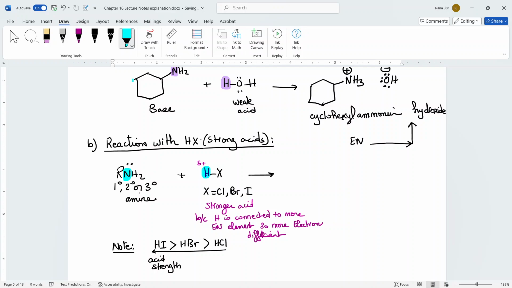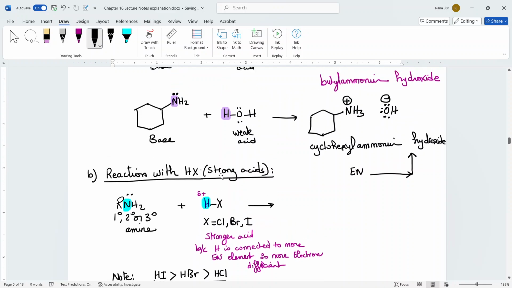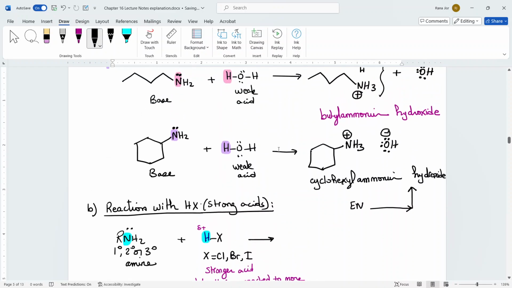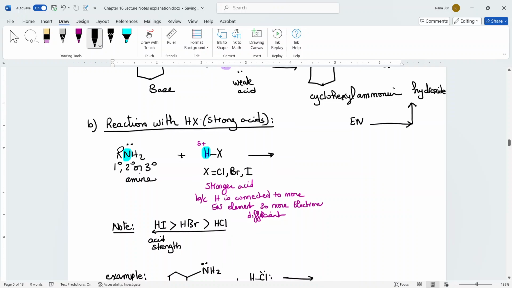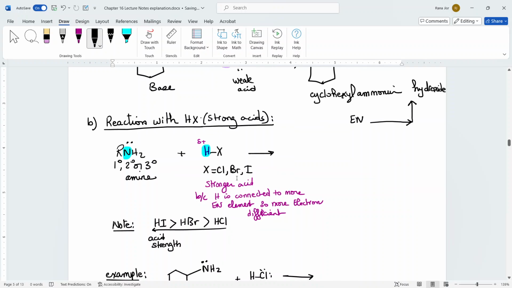The product is going to be the same, but the reaction is going to be faster now because this is a strong acid, compared to the reaction here that is a bit slower because this is a weak acid. This is the difference between a strong acid and a weak acid. So it is a faster reaction.